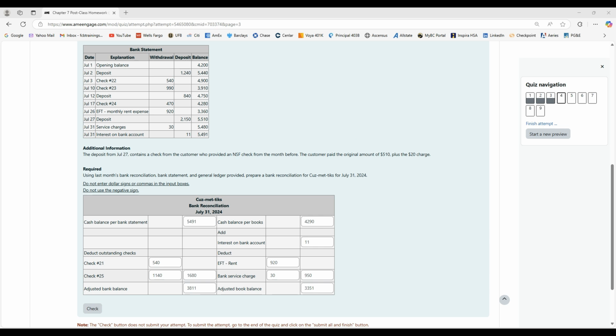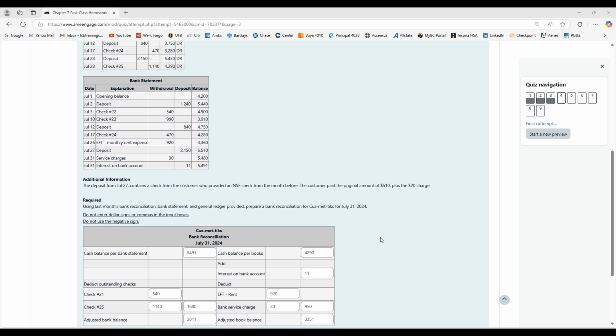5491 minus 540 minus 1140. What's the difference here? 460. So what am I missing for?